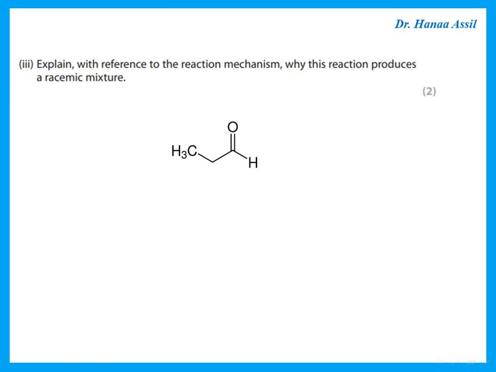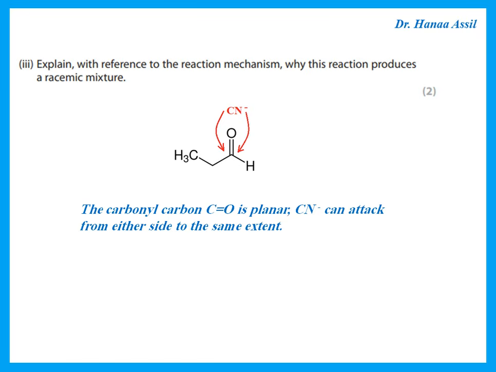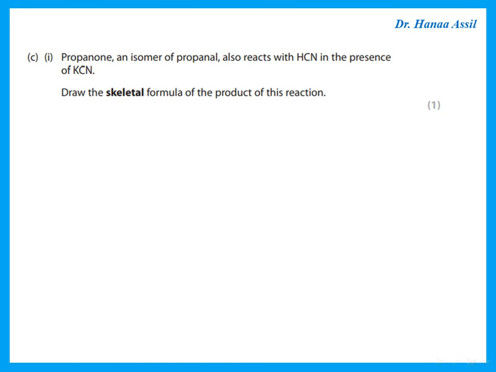This is the compound he's talking about, and we're saying we're going to attack cyanide on the carbonyl, and we should know that the carbonyl carbon is planar, so the cyanide can attack from either side to the same extent. So it will produce equal amounts of the two optical isomers that forms a racemic mixture.